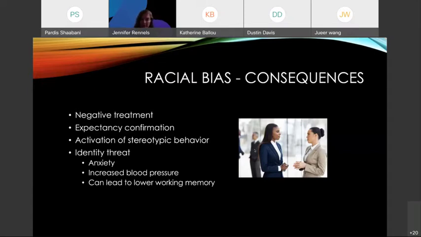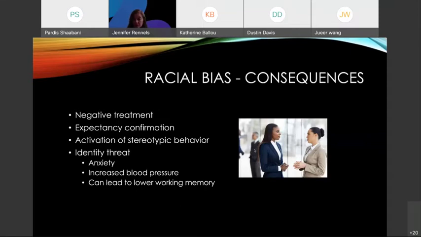And even without experiencing discrimination, racial minorities are well aware of cultural biases and stereotypes, and they may engage in stereotypic behavior if something about the situation triggers the stereotype. So for example, being outnumbered by members of non-stigmatized groups could be a scenario in which that occurs.